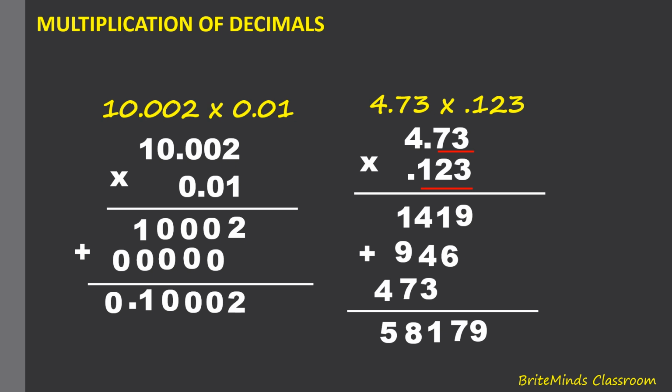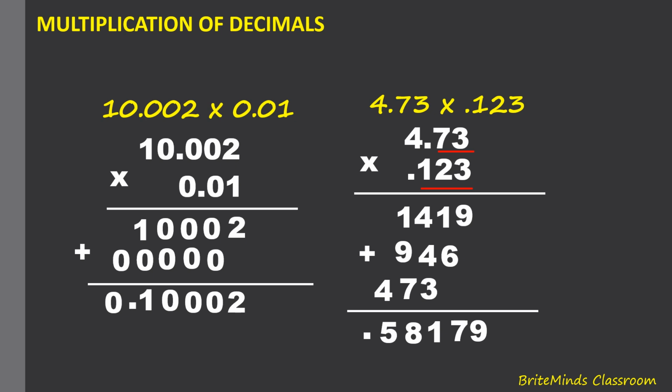So move the decimal point to the left by the sum of the decimal places of the factors. So we count 5 decimal places. So 1, 2, 3, 4, 5. So the location of the point is before 5.